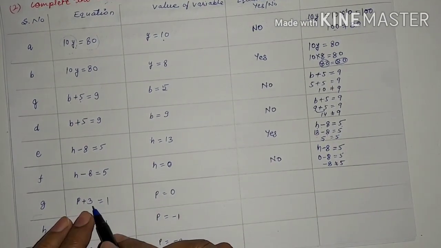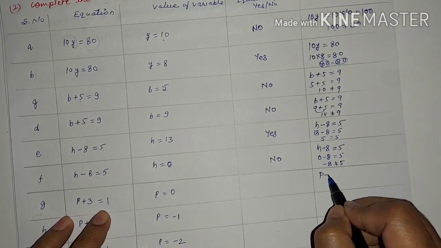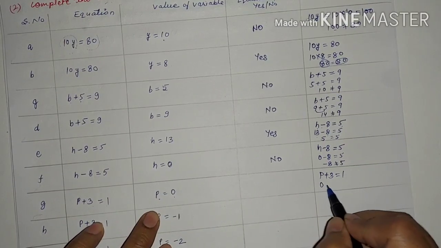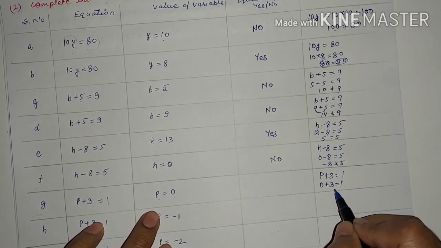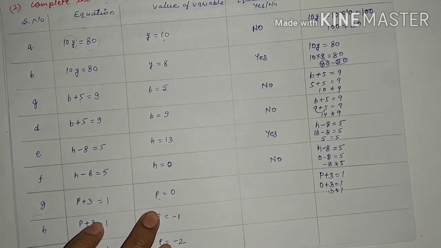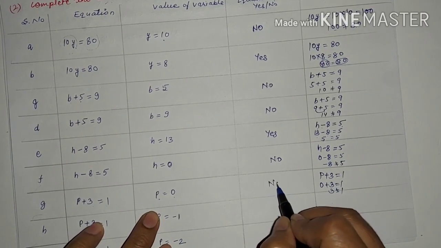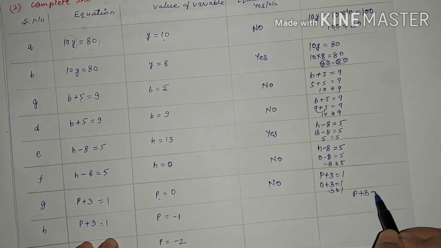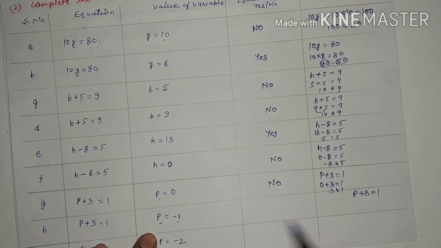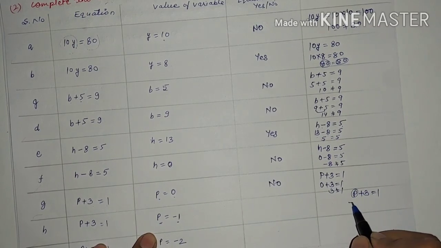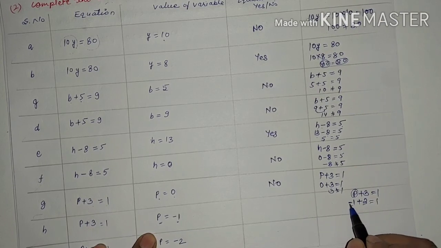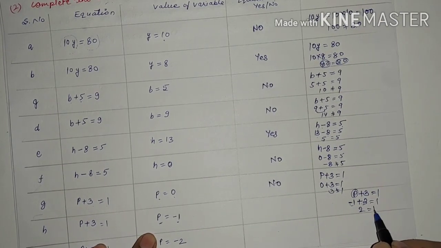Next, p + 3 = 1, and the p value is 0. 0 + 3 = 3, which is not equal to 1. It means the answer is no. Next, p + 3 = 1 and the p value is −1. So −1 + 3, after subtraction because they are different signs, is 2, and 2 is not equal to 1.